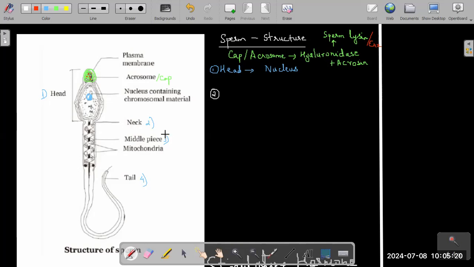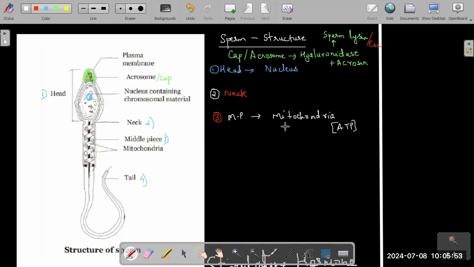Next is the neck. Then you have the middle piece. The middle piece has a lot of mitochondria, of course for respiration and ATP formation, so that the tail gets vigorous motility and the sperm can move in the vagina towards the egg.